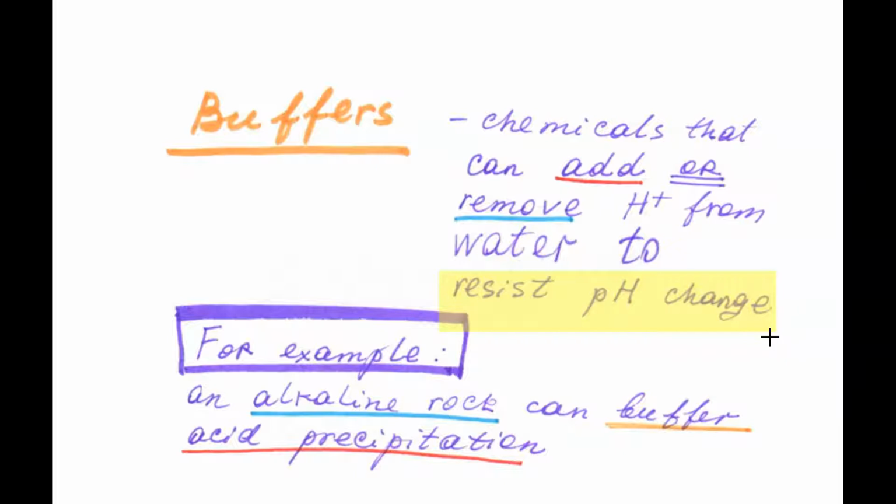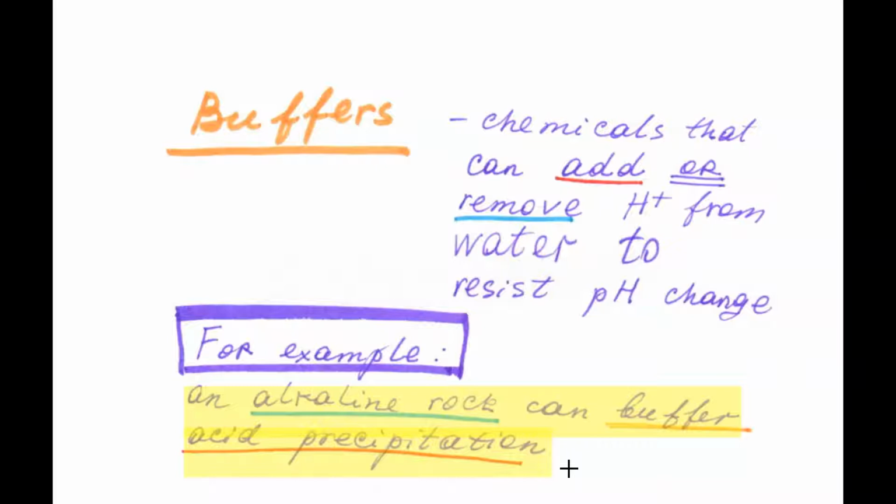So, in a nutshell, buffers will regulate pH and will prevent pH from changing. We have different types of chemicals in our environment that act as buffers. And so, here is an example. An alkaline rock can buffer acid precipitations. You probably heard an expression acid rain.